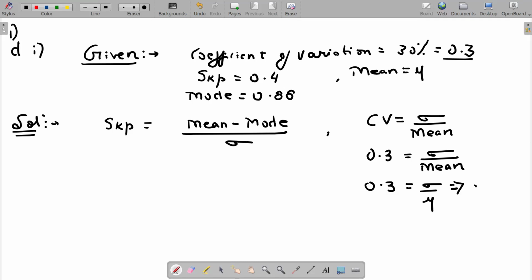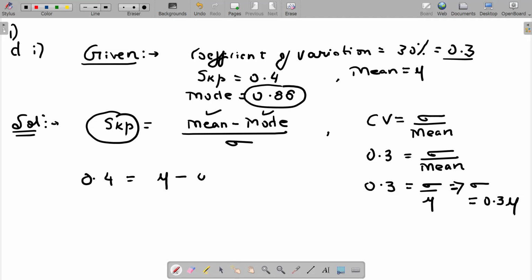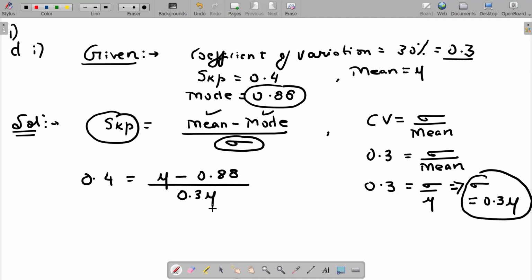Which implies, what is sigma? 0.3 mu. So my SKP is 0.4. Mean is mu. Mode is 0.88 given to us. Over what is sigma, guys? Sigma is 0.3 mu. Remember from the coefficient of variation formula, sigma is 0.3 mu. Now I can solve this for mu.